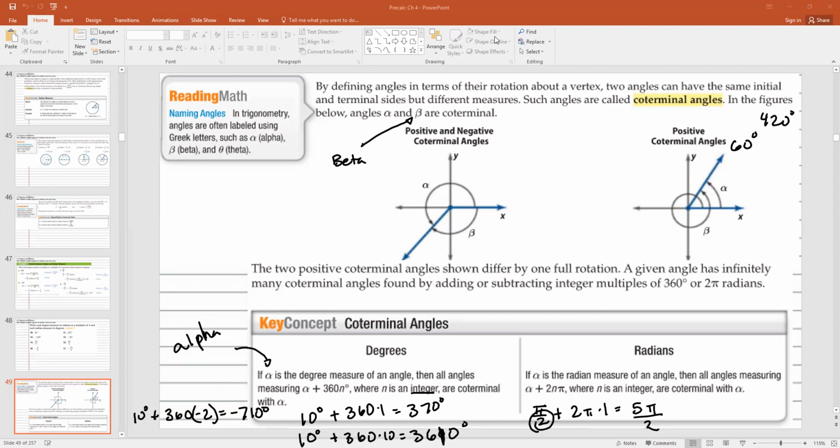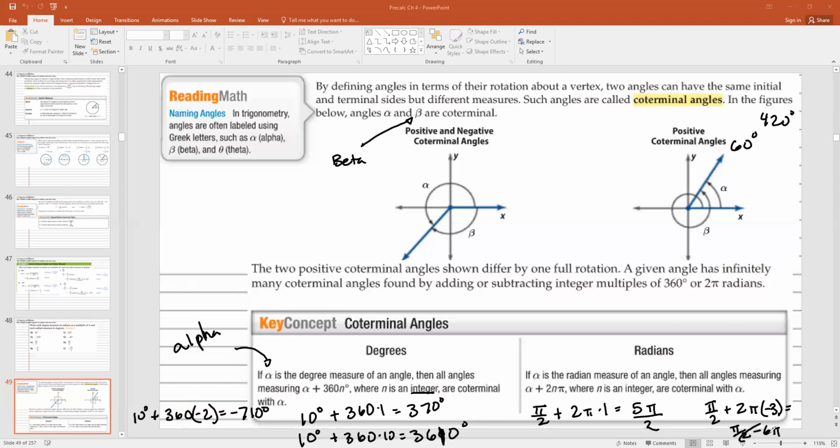Okay. So multiply, add, and the denominator should stay the same. So let's try it again. Let's do pi over 2, and let's do a negative. 2 pi times negative 3. So it's going to be pi over 2 minus 6 pi.